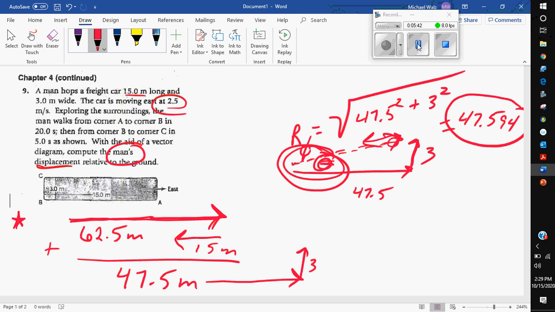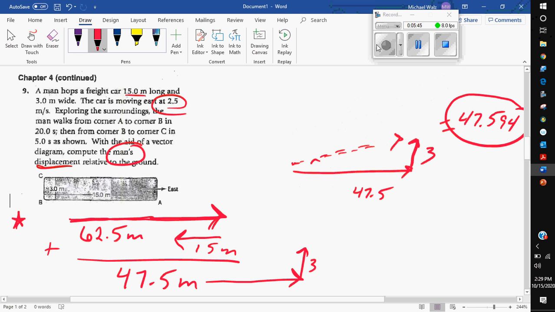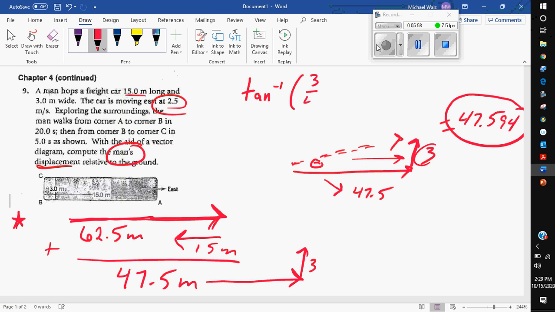Now I'm going to use the inverse tangent function. This is the opposite, because it's opposite of the angle, and this is the adjacent. So 3 over 47.5 is going to give me my angle.